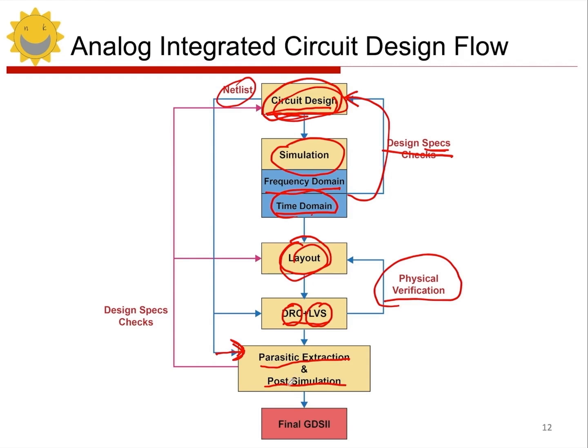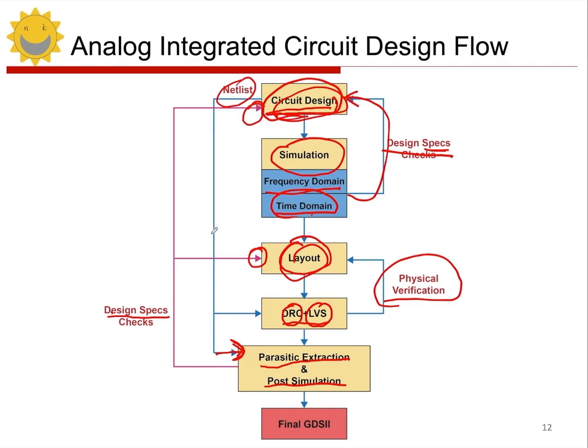If the post-simulation reveals that it does not meet your original design specifications, you need to check if the layout has issues. If the layout is problematic, you need to modify it. It's also possible that your initial design had issues, meaning your design margins were insufficient. Even if you optimize the layout, it may not meet the required specifications if the circuit margins are not enough. In this case, you might need to go back and modify your circuit design.